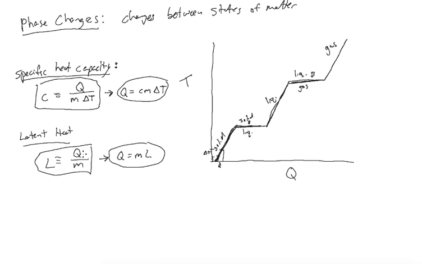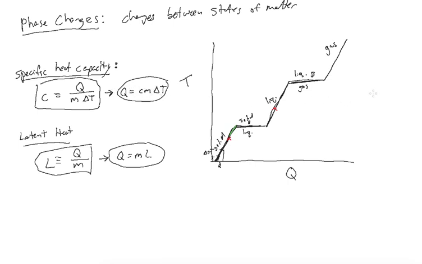So how would you go about solving problems for something like this? Well, you could imagine if we had a solid that started at this temperature and we were going to raise it to this temperature, and I asked how much heat would it take to do it. What you're going to do is break this into 3 sections, not always 3 sections, but in this case 3 sections. You're going to have this part, which is going to be the specific heat of the solid, right?